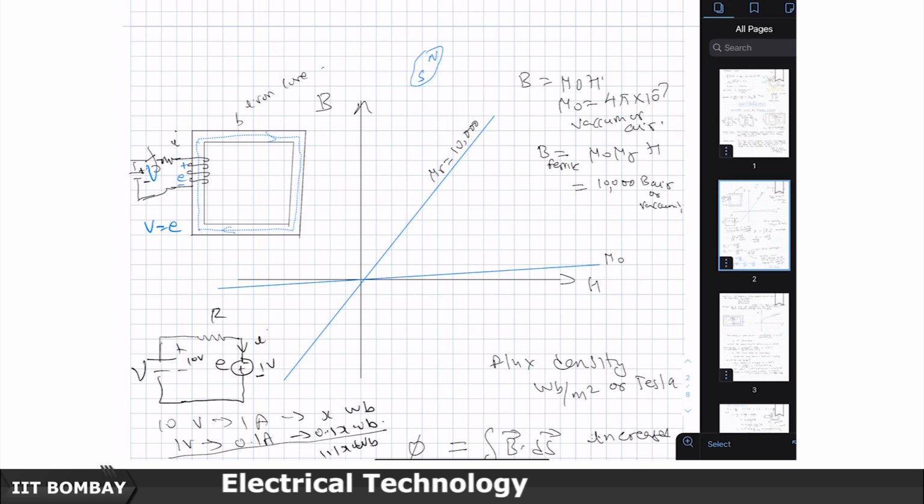If you apply, let us say, a B or an H like this, then these dipoles will rotate, and of course there is a space restriction inside the material.